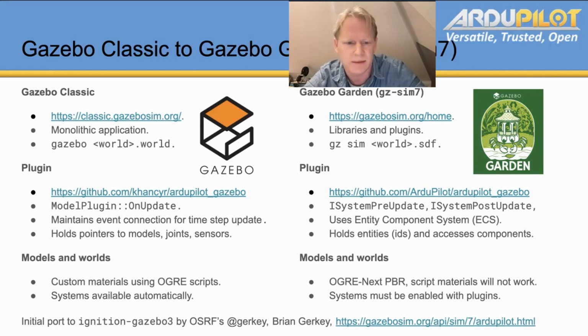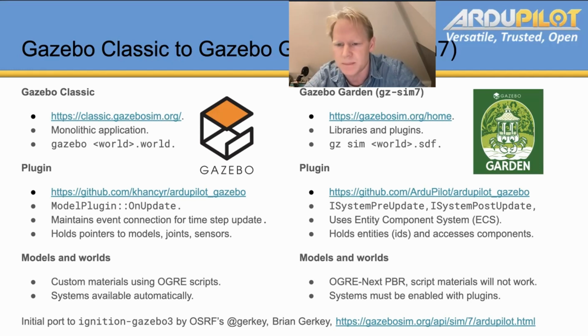So the update system has changed a bit. There used to be just a single update, and now there's a 3-phase update step. There's a pre-update where you would apply all the forces in your custom plugins. The main update step is where the physics engine itself time steps the equations of motion.